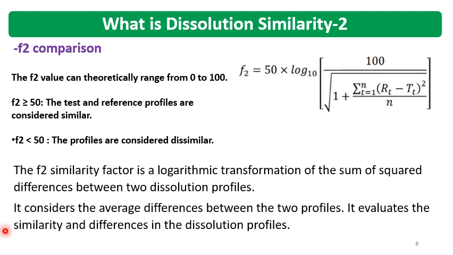It evaluates the similarity and differences in the dissolution profile. See here, you have to generate the 12 unit data and take the mean of those 12 units, and then go for the F2 calculation. So F2 calculation considers the average differences between the two profiles.